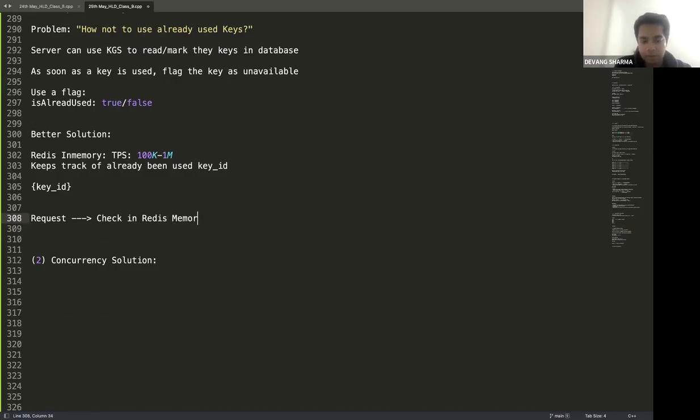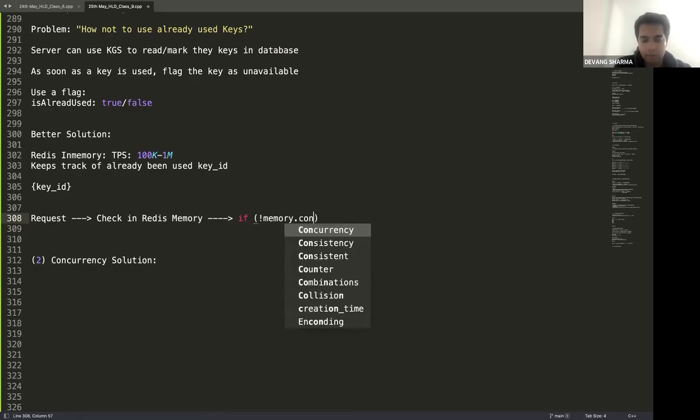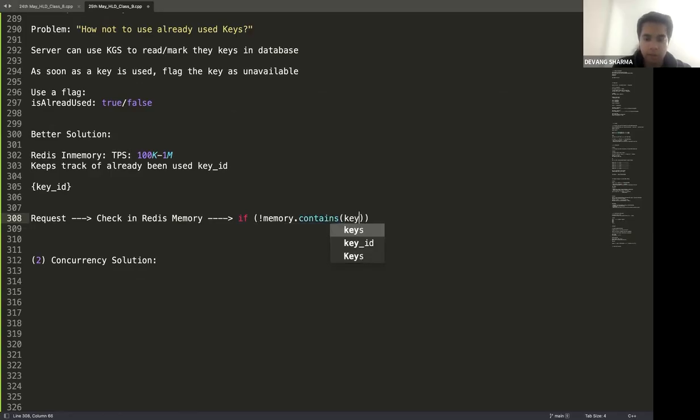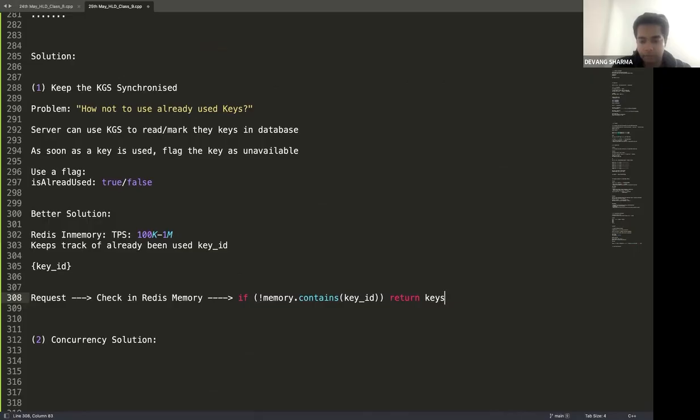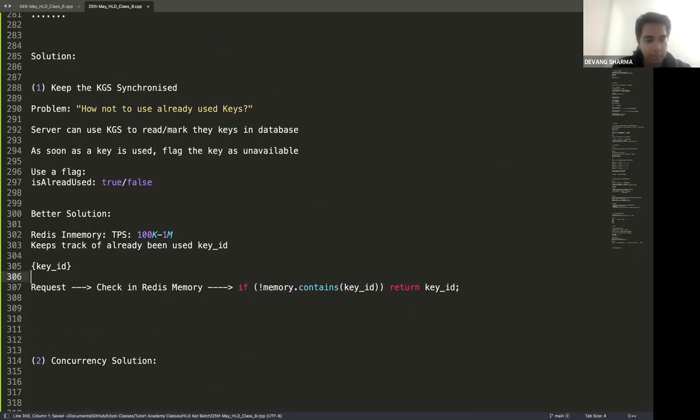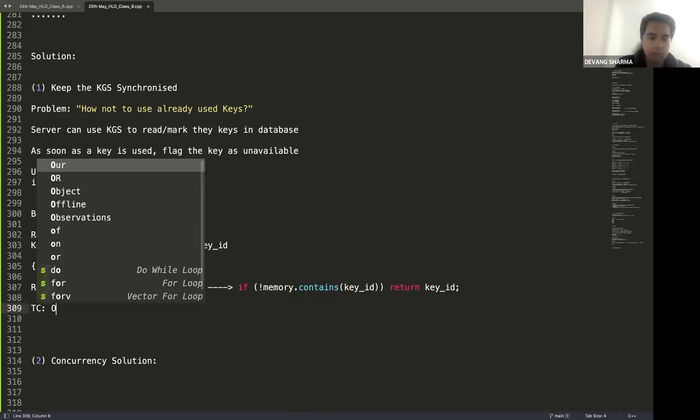If something like this, if not memory dot contains, because it's just a hash map here, that particular key ID, then you're going to return that key ID. And since it's going to be extremely fast, being in memory, my time complexity would remain big O of 1 here.